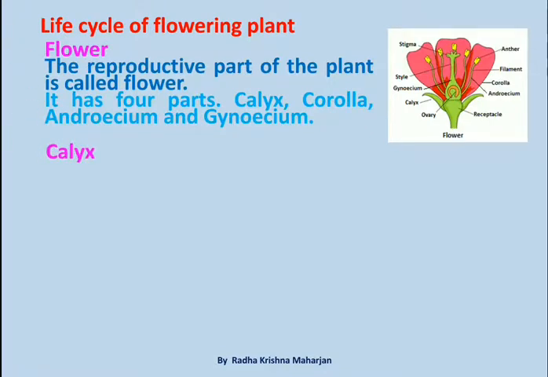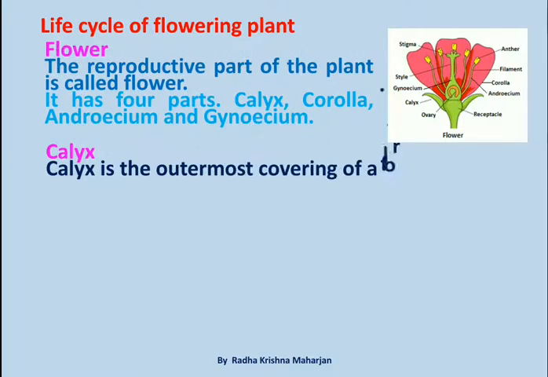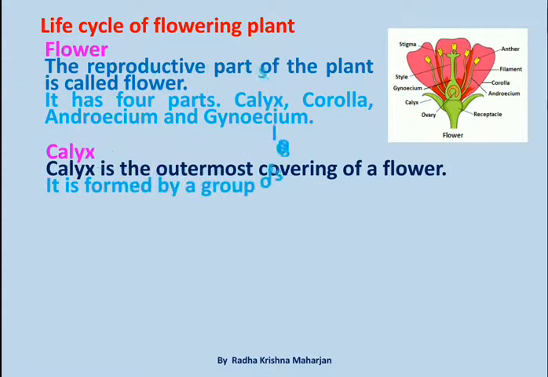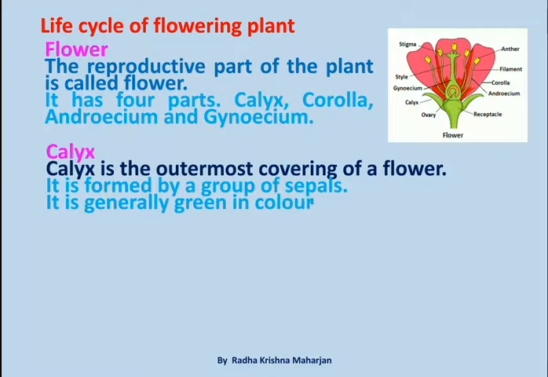Calyx is the outermost covering of a flower. It is formed by a group of sepals. It is generally green in color. It protects the flower in bud stage.